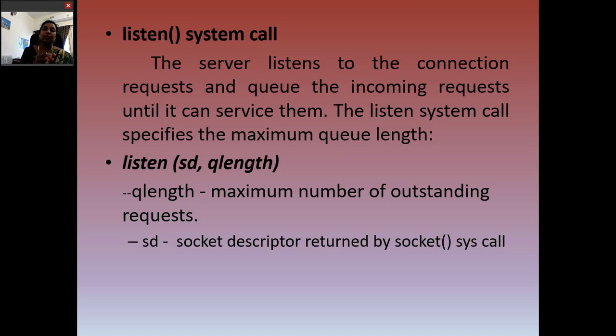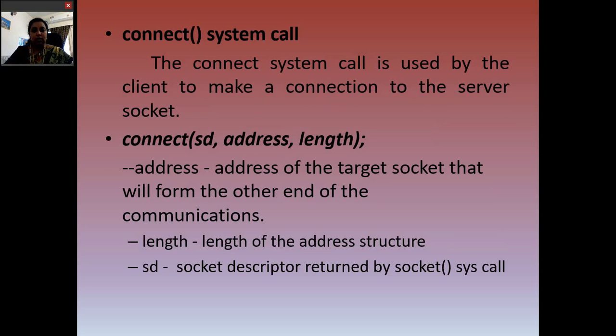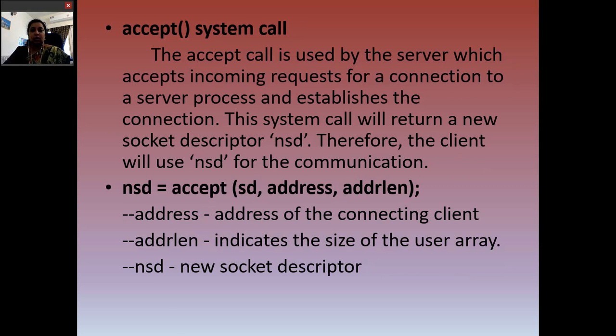We listen through a socket, through a connection. For that connection we use the socket descriptor and also the queue length, that is, the number of outstanding requests. And then we connect. Connecting again goes with the address of the target socket, the socket descriptor through which we are initiating, and the length of the address structure.